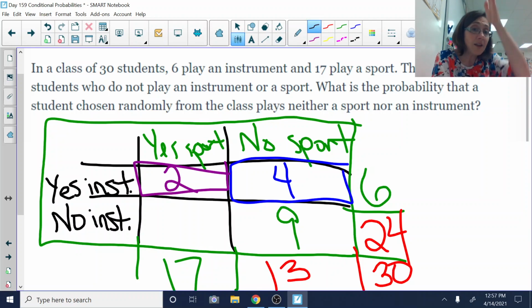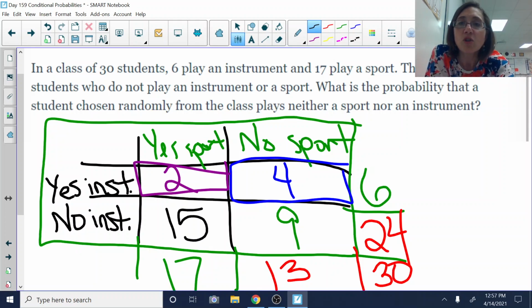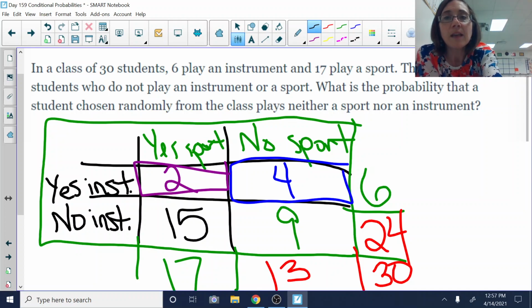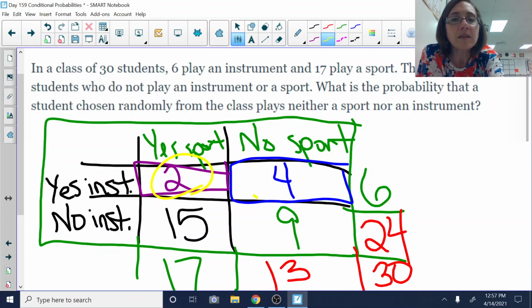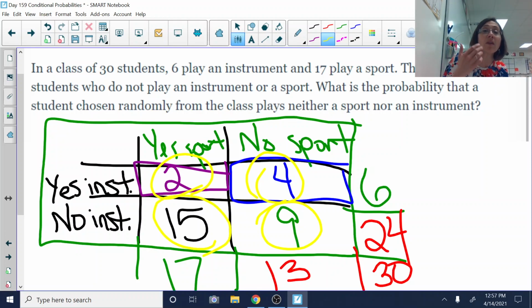There's 17 kids total who say yes, I play a sport. I've already accounted for 2 of them, so that leaves 15 kids here. A nice double check is, if you add up these 4 numbers, we should end up with 30 kids because it should account for all of our kids. And it does, so we're good.